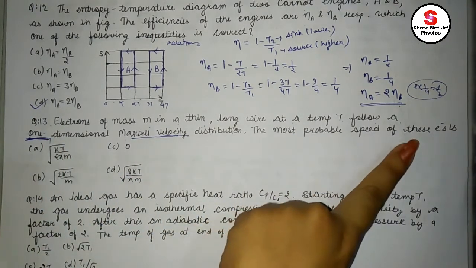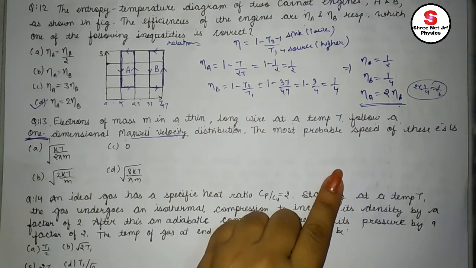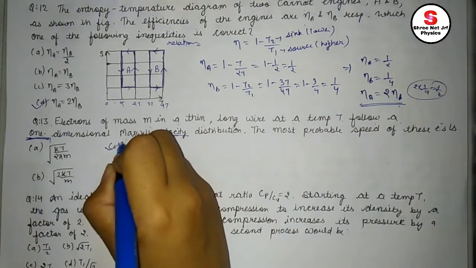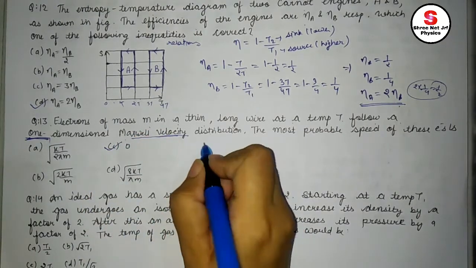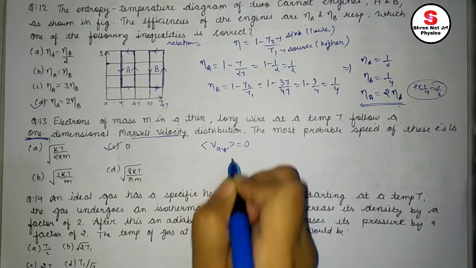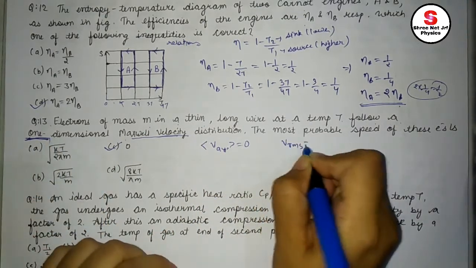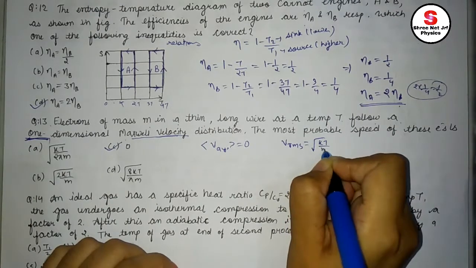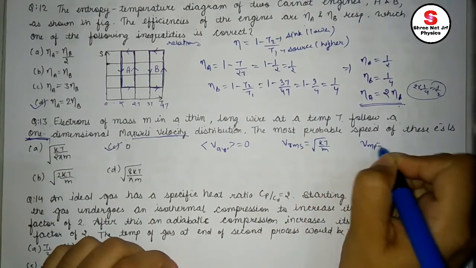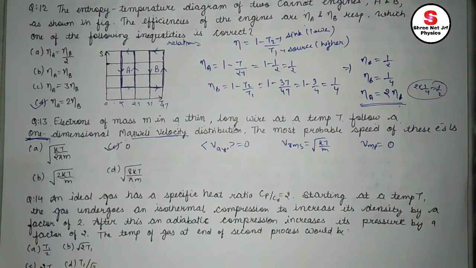The most probable speed of these electrons, what is it? Obviously 0. V average is equal to 0. I am talking about 1 dimension. V RMS equals the square root of kT by m, and V most probable is equal to 0. So here 0 is our right option.